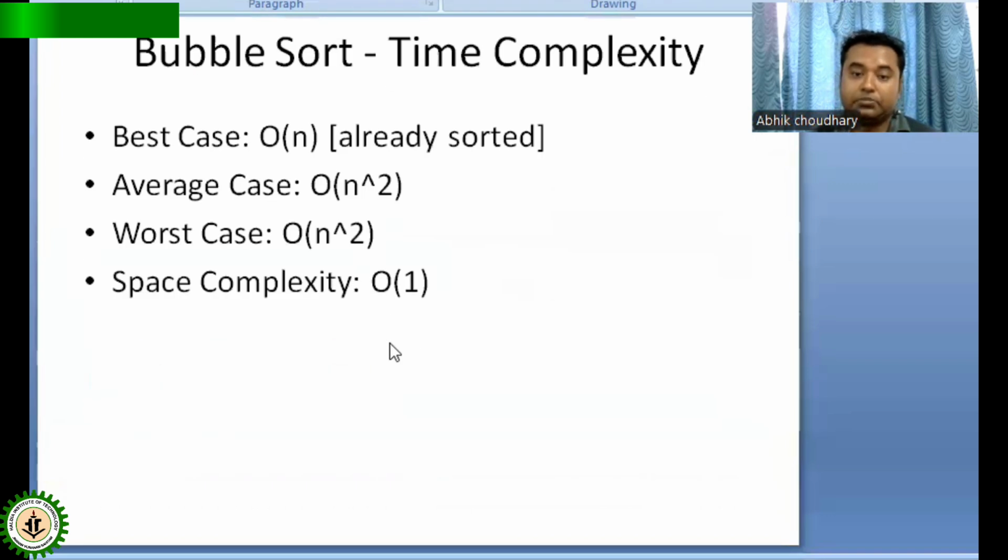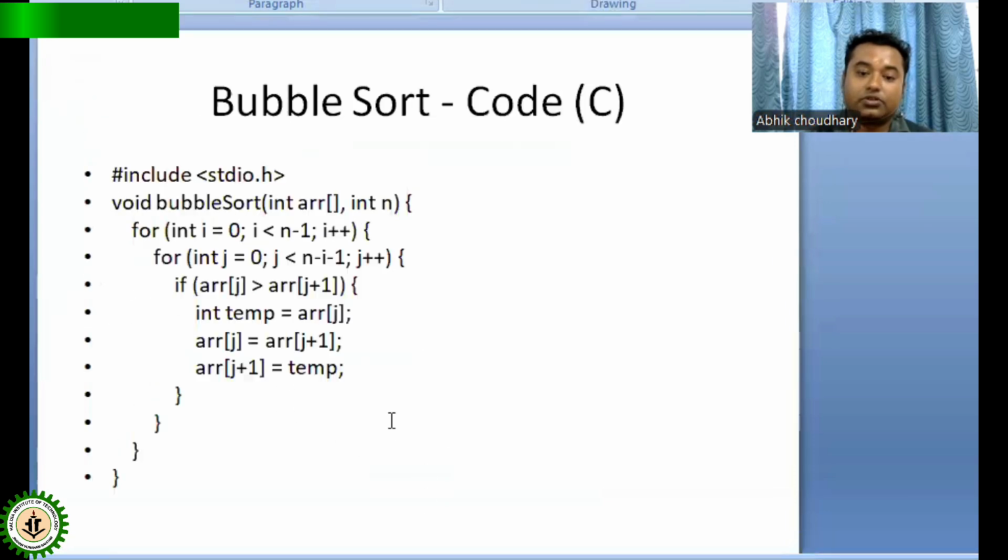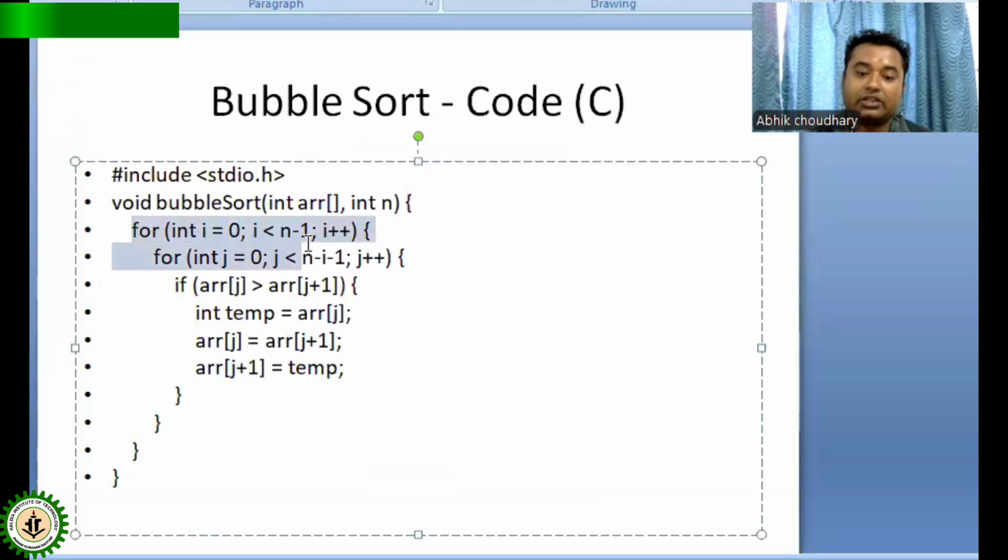What is the best time complexity or worst time complexity of bubble sort? The best time complexity is big O of n. If the array is already sorted, then we need only the first loop, so it means nth item.